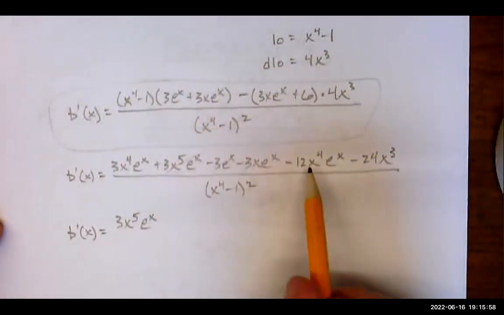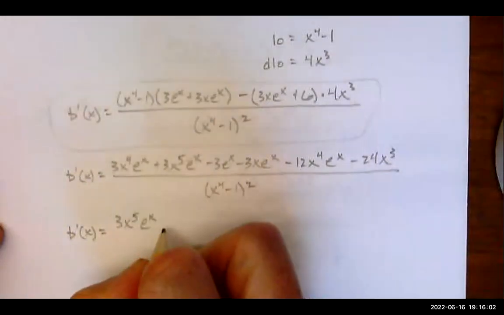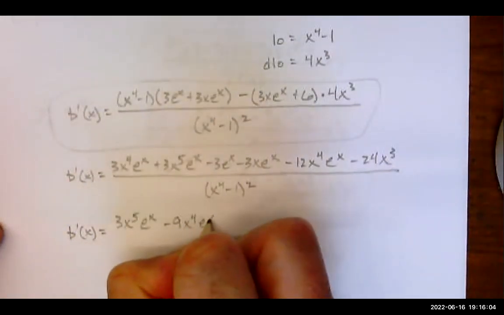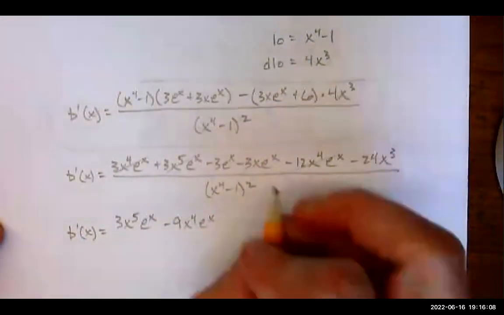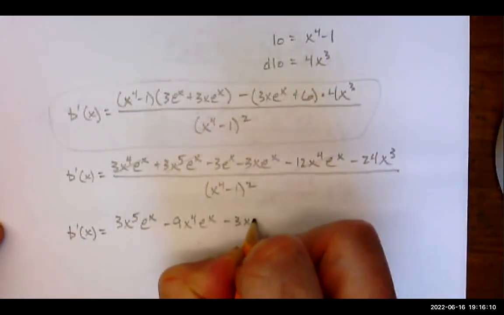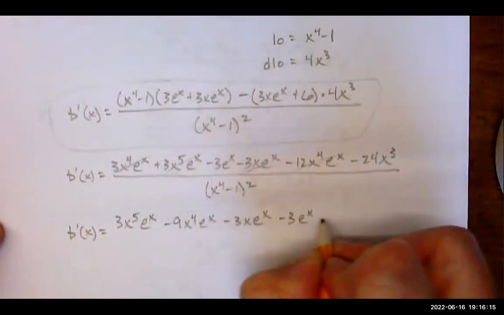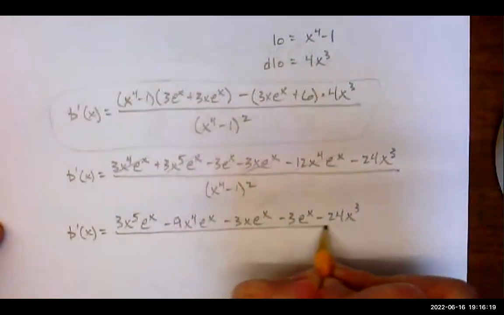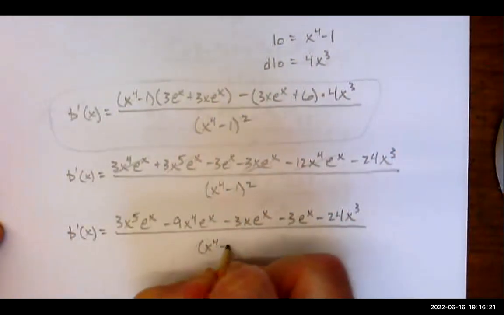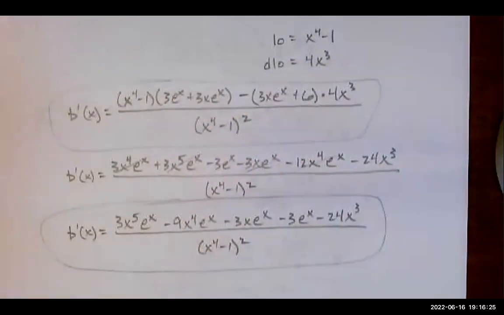So that's taken care of. These two would be minus 9x to the 4th e to the x. So those are good. Then we've got minus 3x e to the x minus 3e to the x minus 24x cubed. Let's keep that on the end. And here it is over x to the 4th minus 1 squared. There's our simplified version.